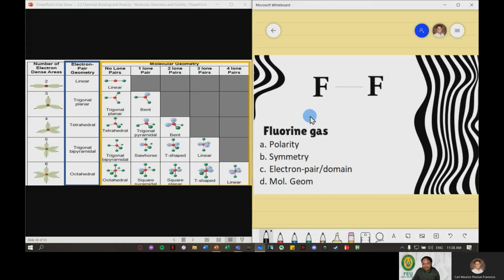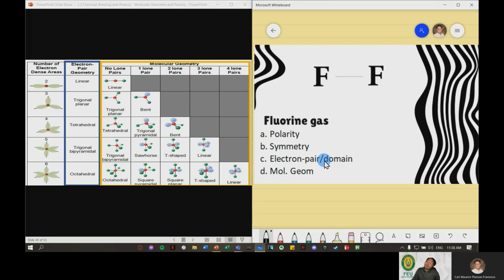Next one. What about fluorine gas? How do we answer this? From the looks of it, once again, you do not see any central atom. So once again, you will just simply apply the line test checking. Now this is very simple. So apply this one. Then upon checking, from the looks of it, check the symmetry if they are equally distributed. Okay, so in the left and right side, as you can see, they are very identical or in mirror image.